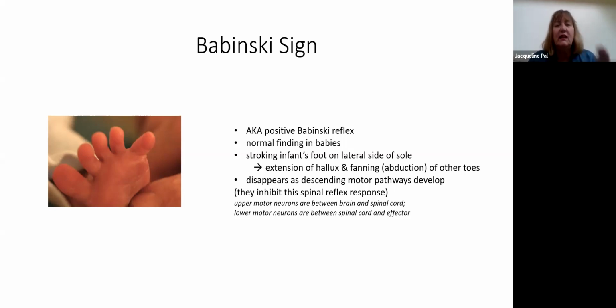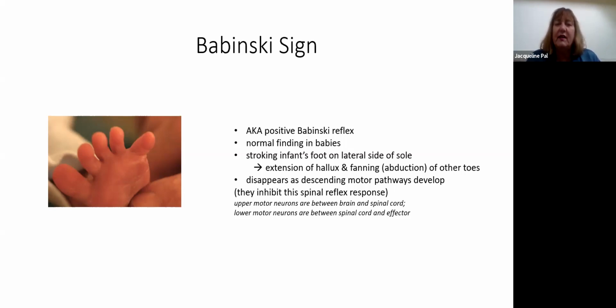And so what happens is, if, for instance, this was a baby's foot, and here was the big toe, and there's the pinky toe, if you stroke the lateral aspect of the baby's foot and go over towards the big toe, what you would find is the big toe extends, and the other digits abduct. They fan out. So normally, an infant's toes are like this, slightly curled. But if you do this, they do that. Now, this reflex is there in all of the newborns, and it's something that is tested in the newborn physical to make sure that it's there.